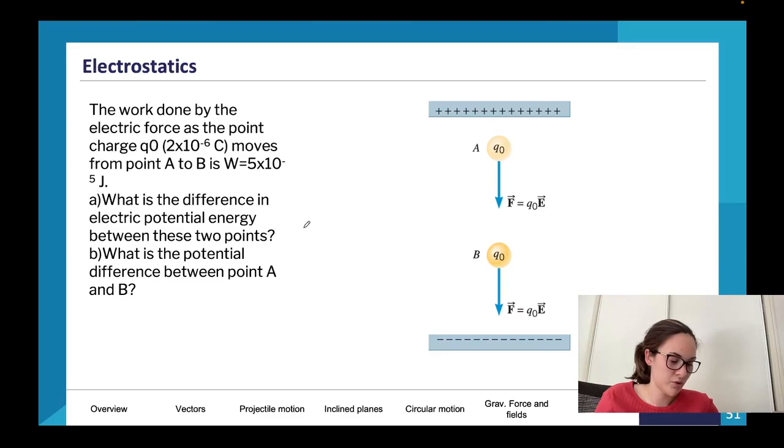Long story short, you need the negative of your work, so you're going to end up with -5 by 10 to the -5. And then you need that value, and you need to divide it by the charge that they give you, and then that should give you your answer. Sorry, I don't have time to write it out.